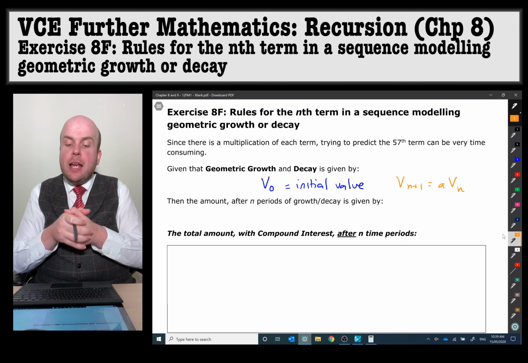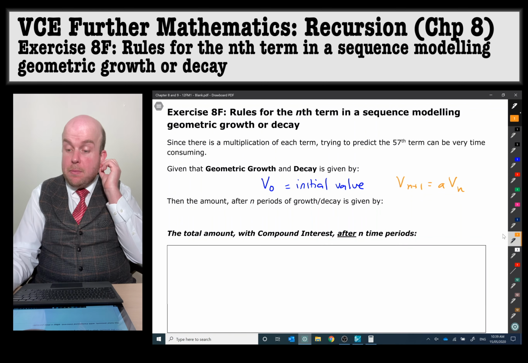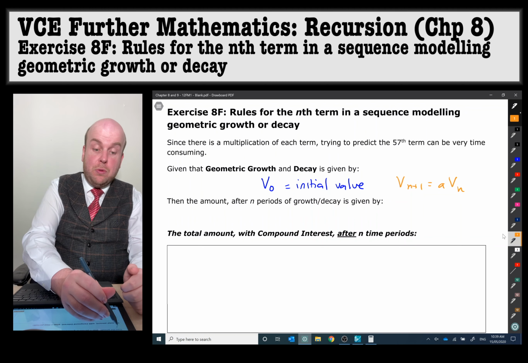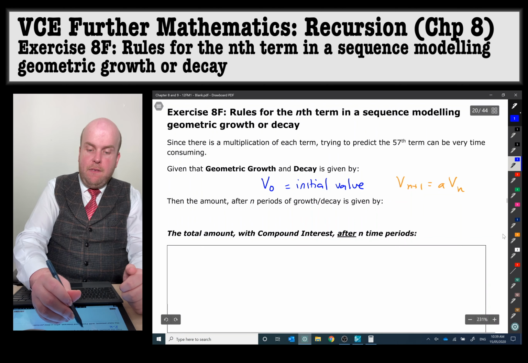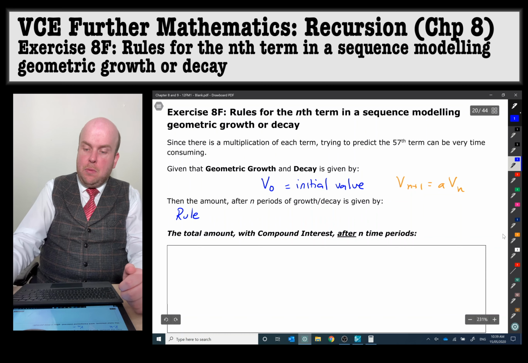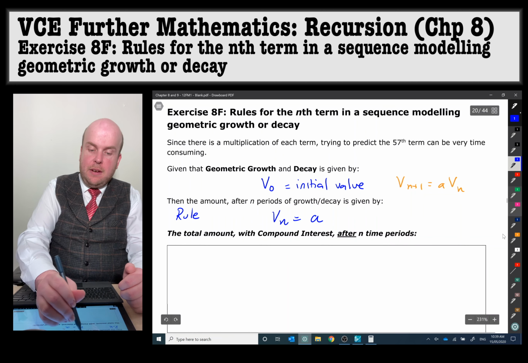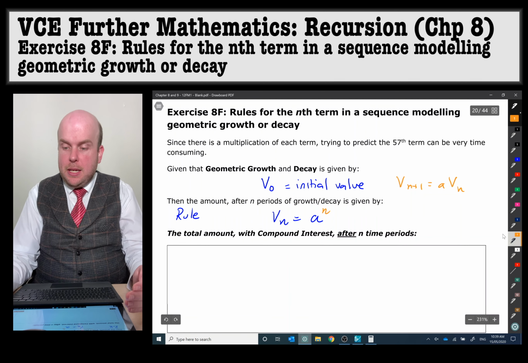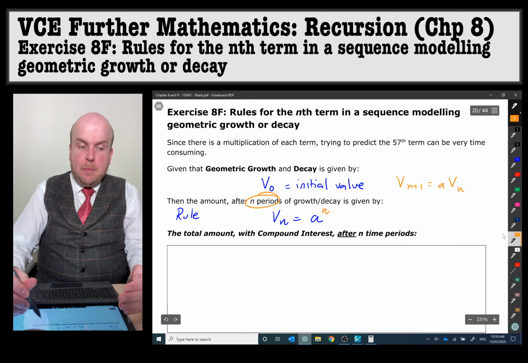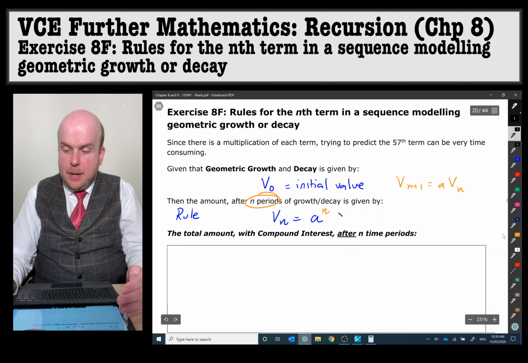Then the amount after n periods of growth is given by, and this is the rule, Vn is equal to whatever that A value is to the power of n, so that's after n periods, so it could be months, it could be years, times by the initial amount.